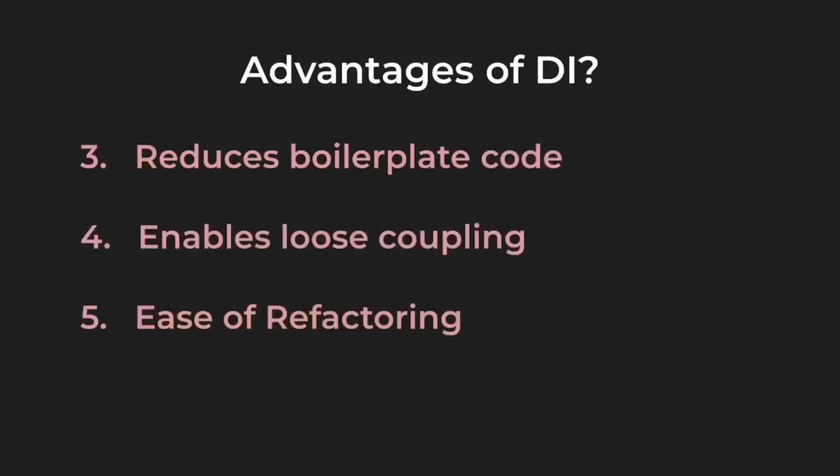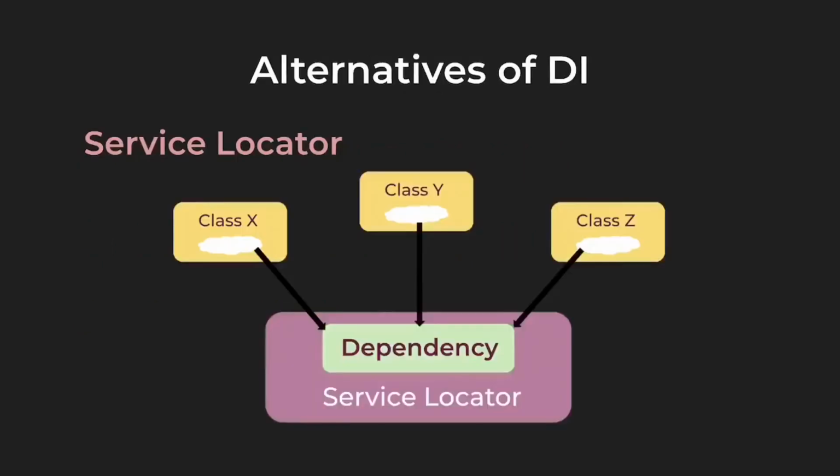The other advantages include reduction of boilerplate code, loose coupling, and ease of refactoring. Because the classes are no longer dependent on other objects, the dependencies are simply provided to them. So I just talked about the advantages of using dependency injection.